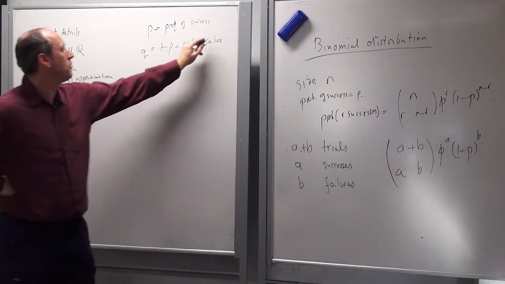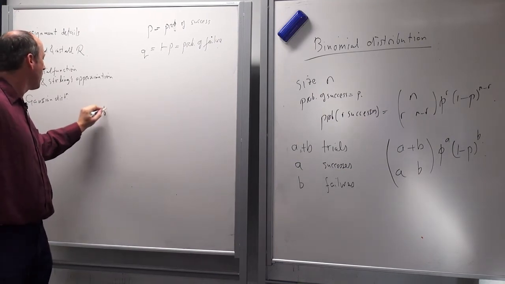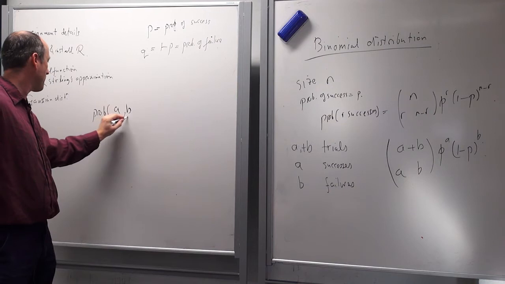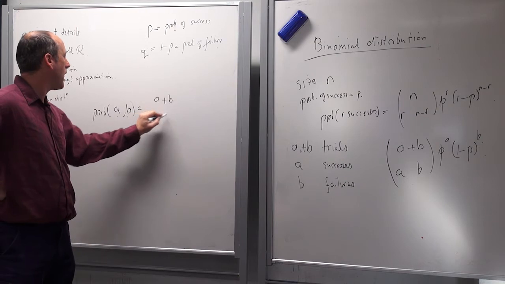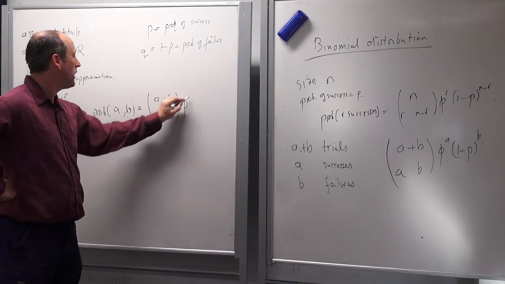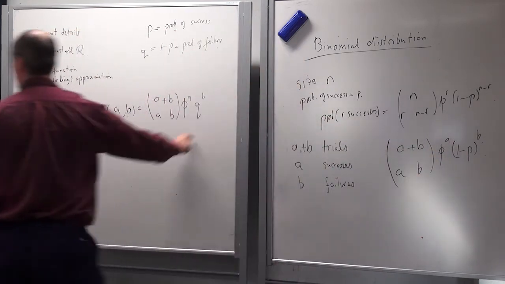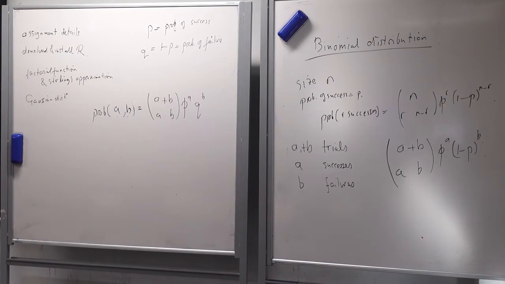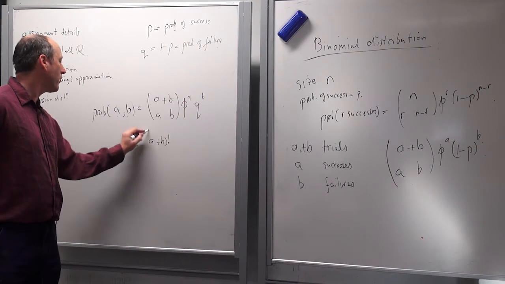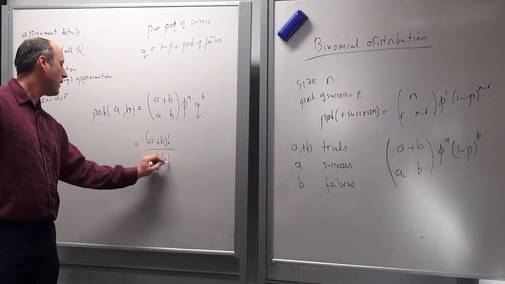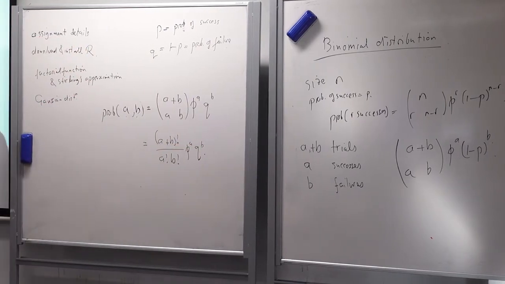So the binomial distribution with this notation is simply the probability of having A and B, successes and failures, equals A plus B choose A, B, p to the power A, q to the power B. Simply because this 1 minus p turns into a q here. How are we doing with our downloading? Oh, it's finished. And I can rewrite that as A plus B factorial over A factorial, B factorial, p to the A, q to the power B. A much more symmetric way of writing.